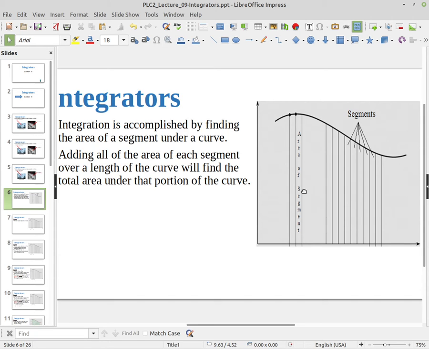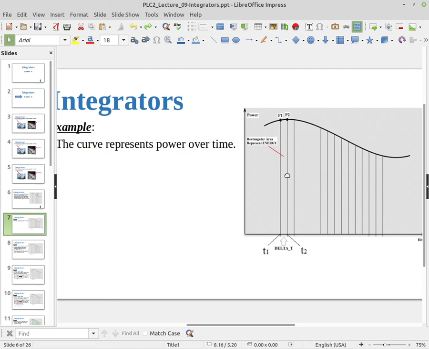If we have a value that is moving, such as shown in here, a waveform that is moving as time moves, then what we want to do is add those up. And to do that, we basically need to calculate the area.